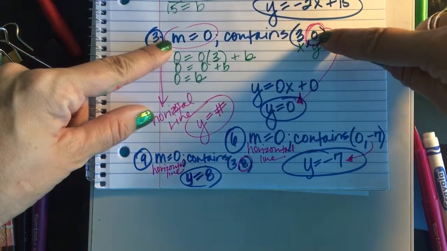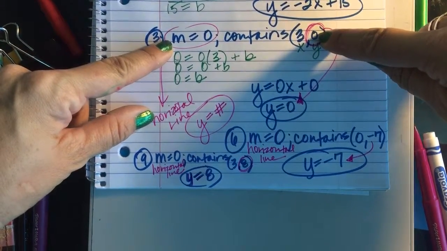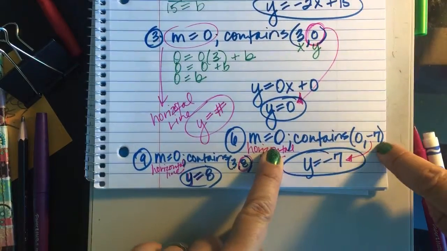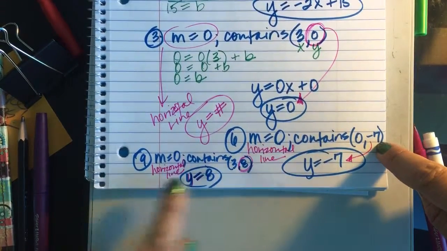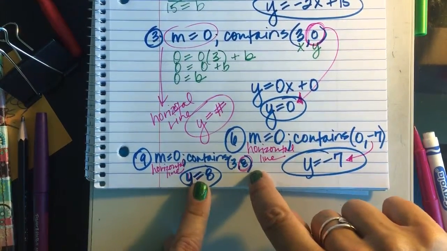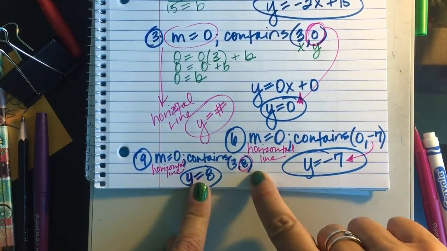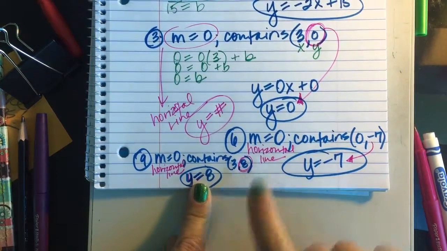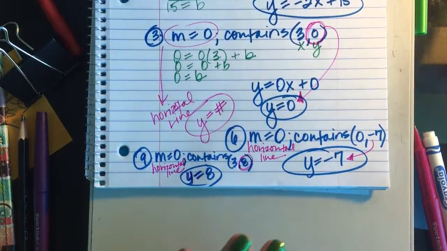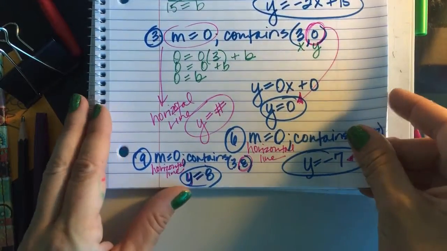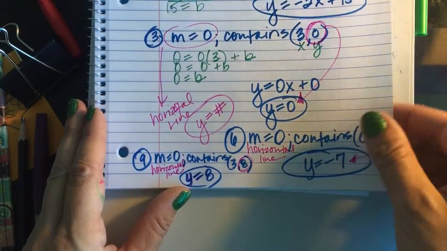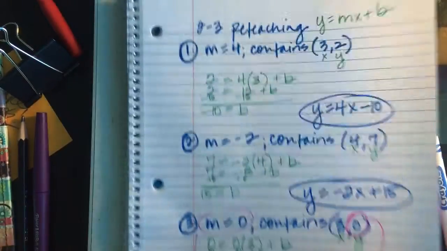Y equals whatever the y value is of the point you're given. Slope is 0. Y value of the point. Every single time. So there's one instance, horizontal lines when slope is 0, that you can have kind of a shortcut to your equation writing. I'm going to move on.